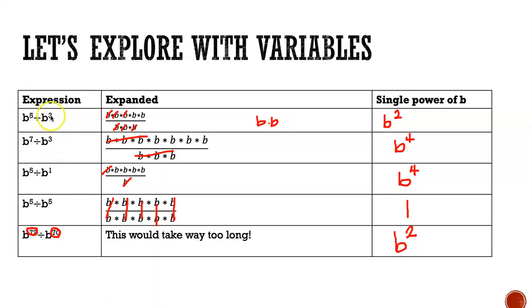B to the 5th divided by B to the 3rd, and we ended up with B squared. 3 of these canceled with 3 of these, and we ended up with B to the 4th. 1 canceled in the denominator and the numerator, and we were left with 4. And then all of these canceled, so we were just left with 1. And this time 70 in the bottom divided into 70 in the top, so you would just be left with B to the 2nd power.